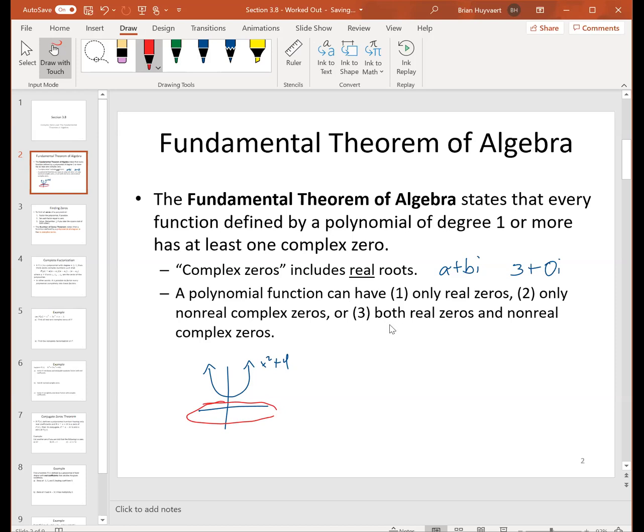And then the third one is we've got both real and non-real complex zeros. That might be something where we see a function does cross the axis a few times, in this case just these 2 zeros.